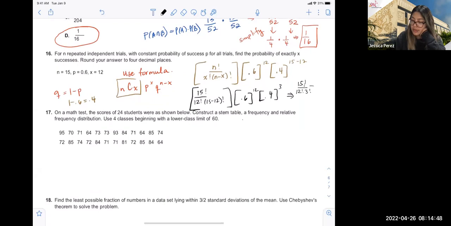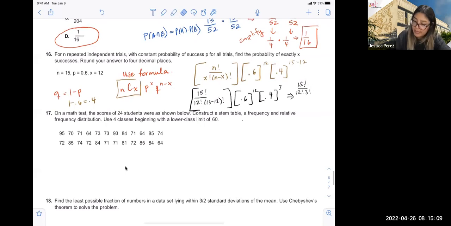Let's go ahead and calculate that in your calculator. Using the calculator, this gives me 455. Just this piece is 455.